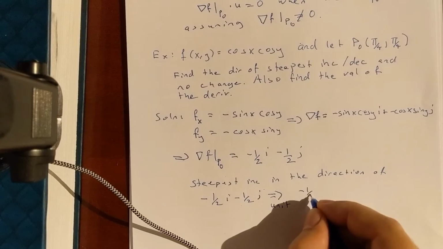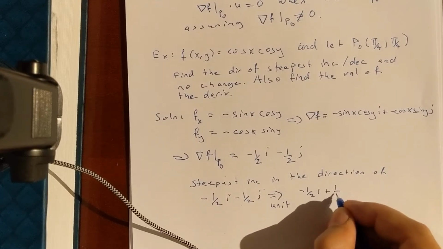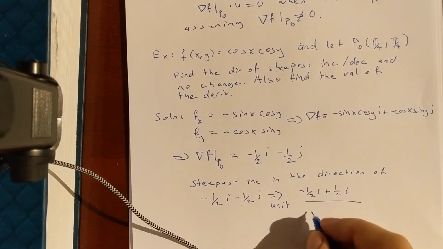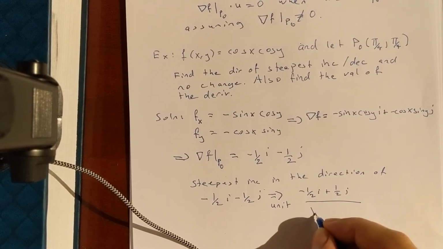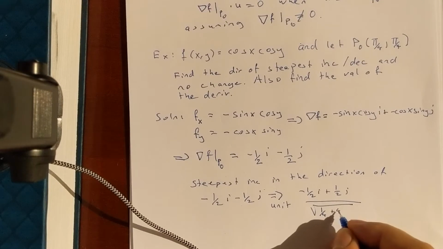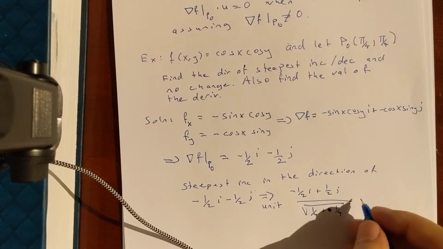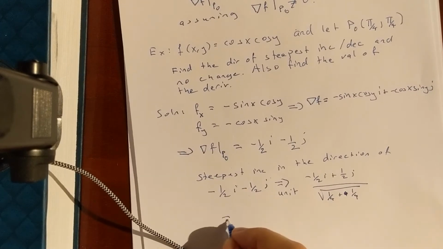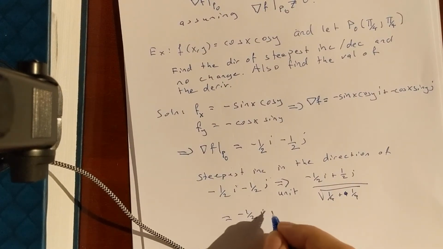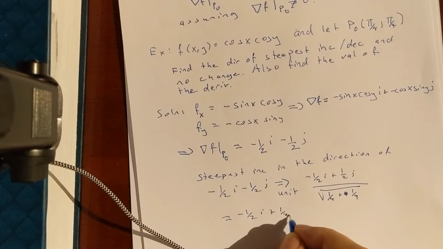We have minus 1 over 2 i minus 1 over 2 j, right? Over the square root, we square these: 1 over 4 plus 1 over 4, so we basically have 1/2. Okay? So we get minus 1/2 i minus 1/2 j.